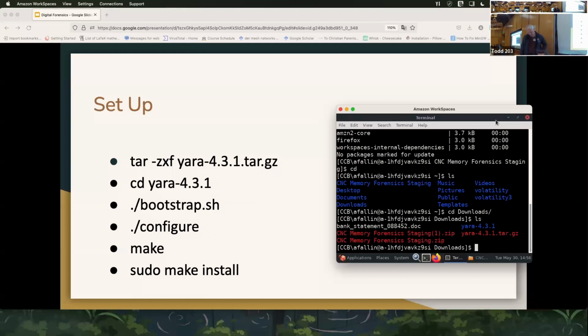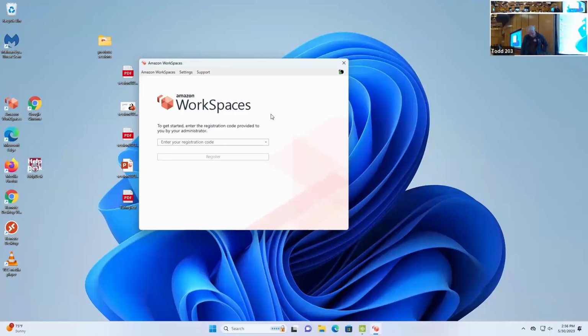Looks like I can see it here. But undefined reference. Doesn't work.